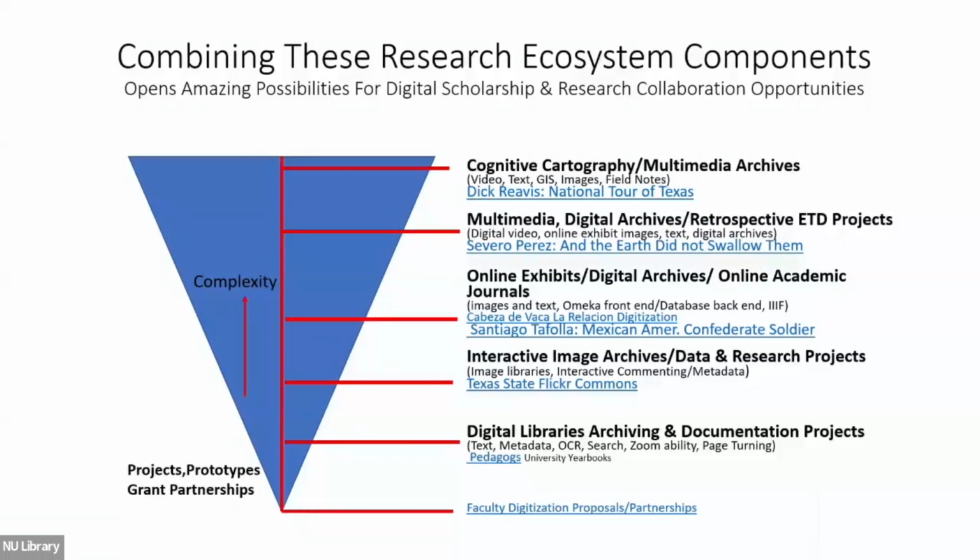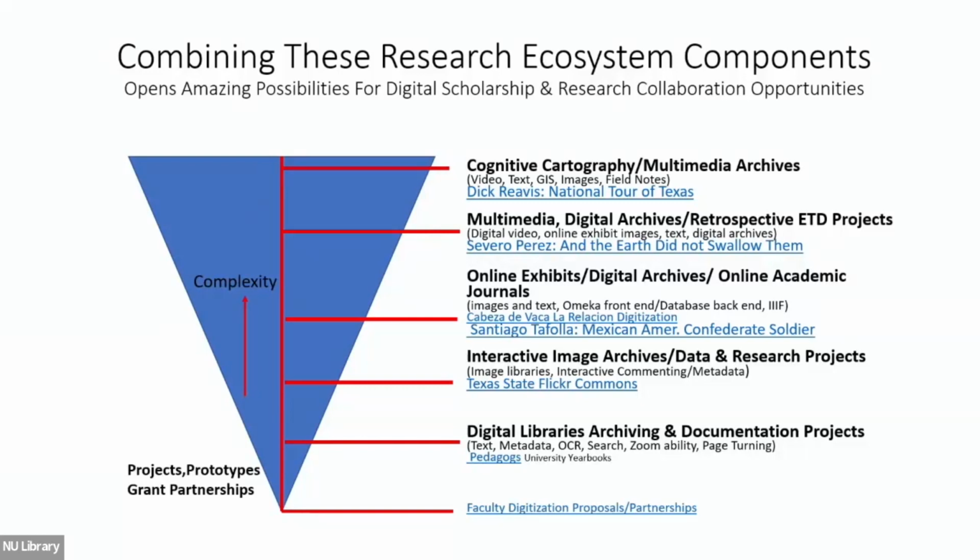The inverse pyramid starts with the very simplest projects at the bottom. Those are beautiful little projects, and they're really elegant, and they're easy to do. They brand the library, they brand the university, they help the academics' reputation on international levels, and they get the graduate students jobs. And these are the digital libraries, archiving and documentation projects.